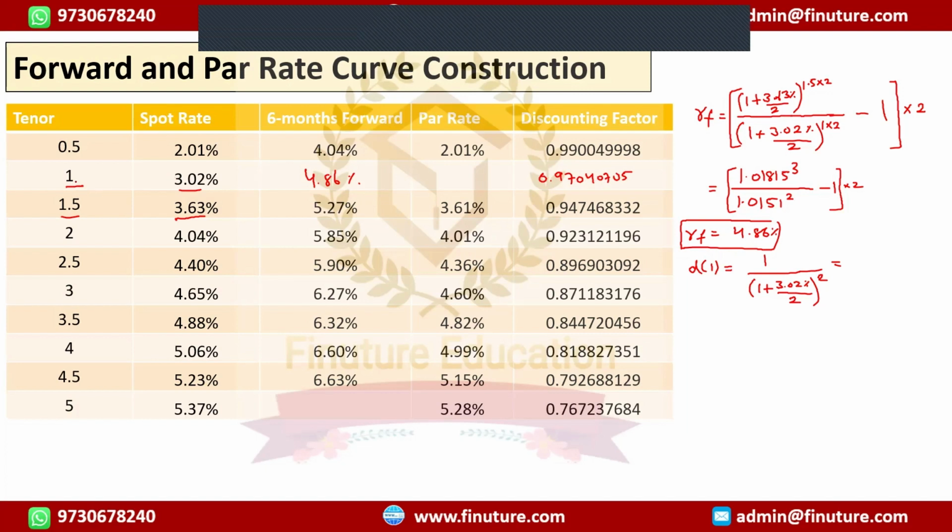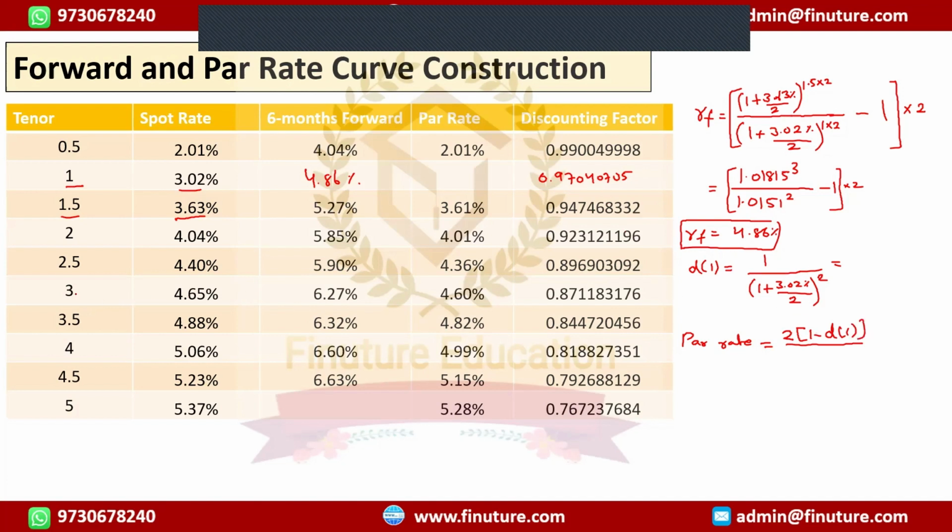Now to calculate the par rate, there is a formula in your book for the par rate. There is a derivation for that as well. If you're interested, you can just request it in the group. But for exam perspective, you can just remember this formula. To derive the 1 year par rate, it's twice of 1 minus D1 year.